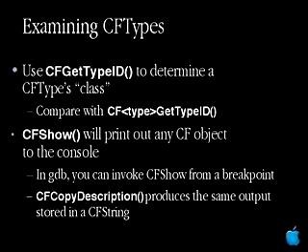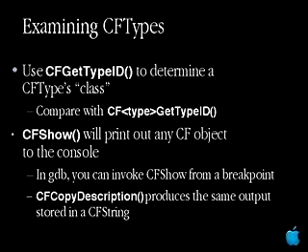Okay, so there you are in a debugging session. You've got a CF type, you don't know what it is, and you're trying to figure out what's gone wrong. Use CF get type ID to determine the class of the object you've got. You can compare that with CF type name get type ID. So CF string get type ID returns the type ID for all strings. CF array get type ID returns the type ID for all arrays.